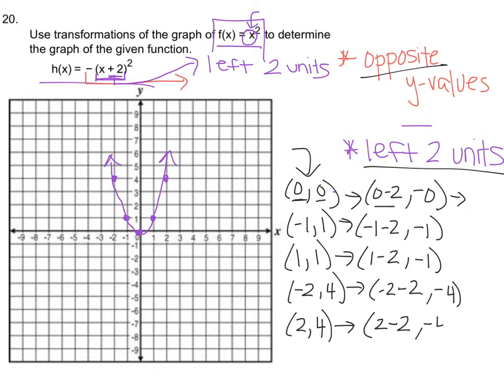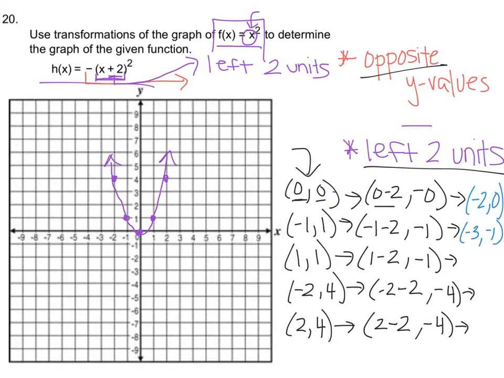And now I can clean up each of these ordered pairs by performing the calculations within the x and y value positions. So when we do that, we have 0 minus 2, which is negative 2, and 0 for my y. Negative 1 minus 2 is negative 3, and that will be negative 1 for my y.